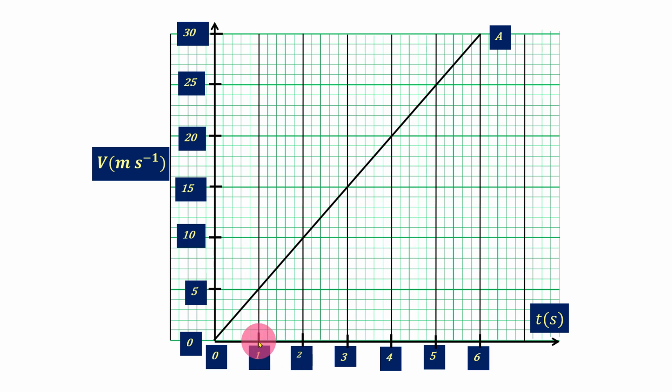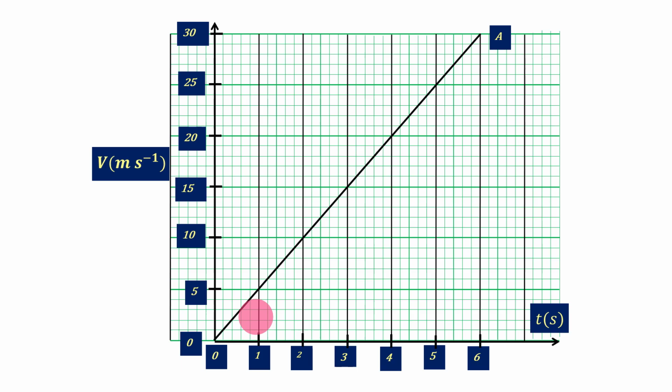After another 1 second, its velocity has increased by another 5 meters per second to make a total of 10 meters per second, and so forth. After another 1 second, it has increased from 10 meters per second to 15 meters per second. So here we can see that the velocity of the object is increasing at a constant rate.